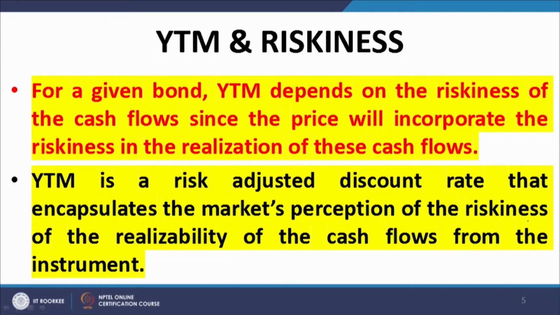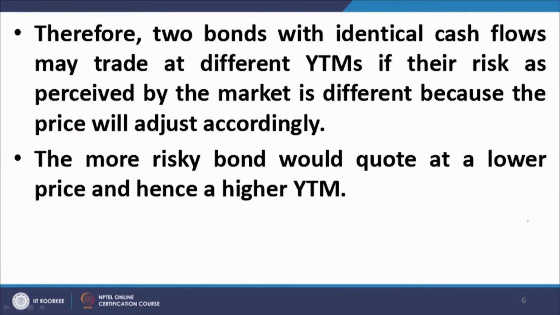I reiterate, YTM is the risk adjusted discount rate that encapsulates the market's perception of the riskiness of the realizability of the cash flows from the instrument. So, this is important, this needs to be understood very carefully.